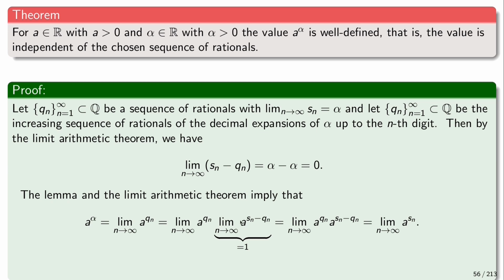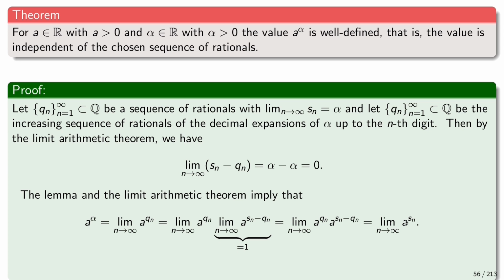Since the sequence converges to a finite limit, by the limit arithmetic theorem this equals the limit of the product of the sequences. And then by the law of exponents, we conclude that this product equals a to the power of Sn.